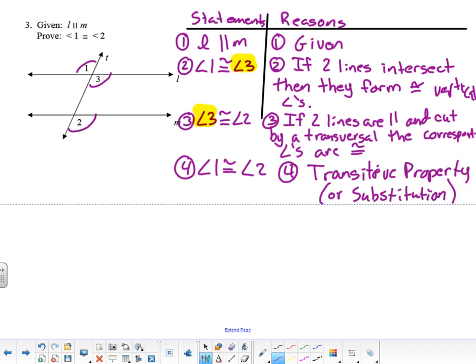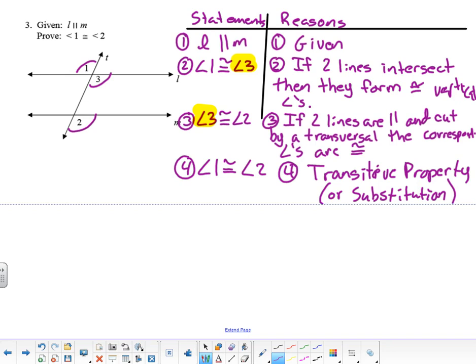Okay, so again, one of the reasons we do this is if we don't have to remember as much, you don't really need to remember the exterior angles. If we remember corresponding, alternate interior and same side interior, then you can get to the exterior angles. And so some of you are here and like, couldn't this have just been a one-step proof?